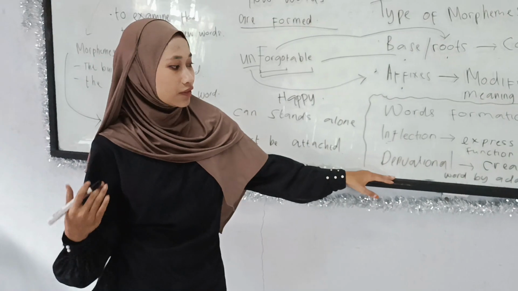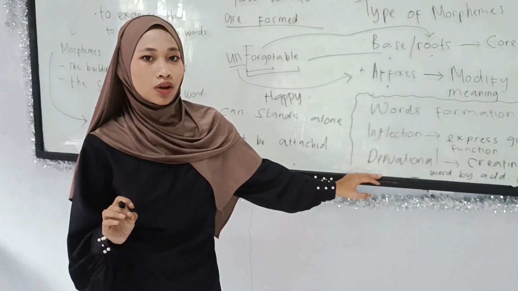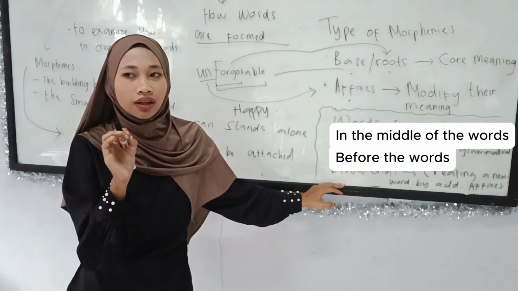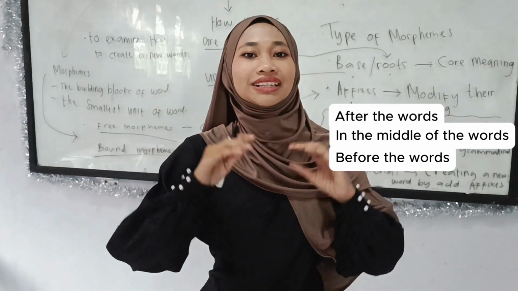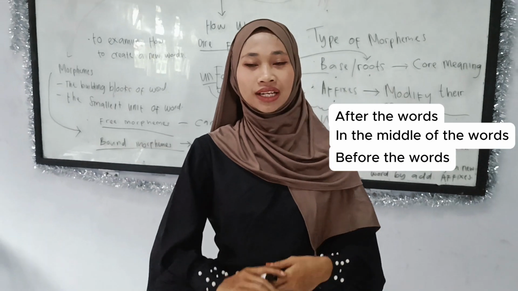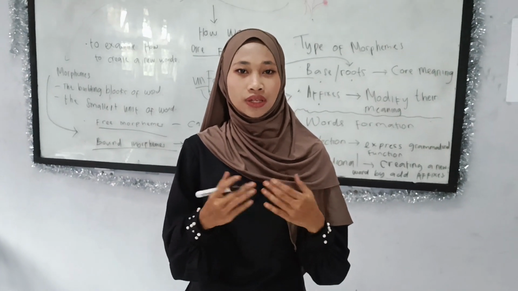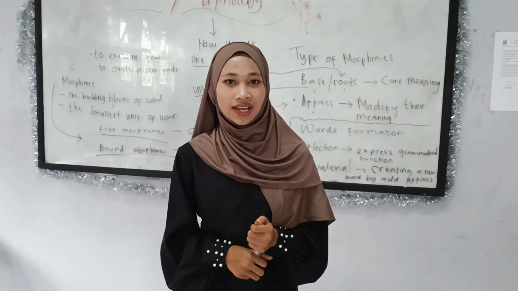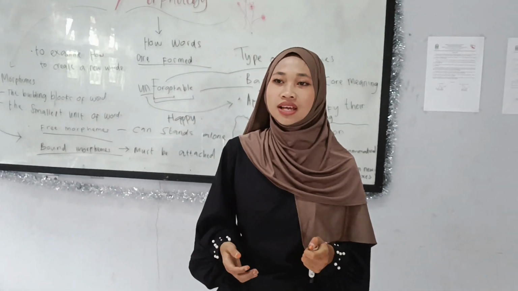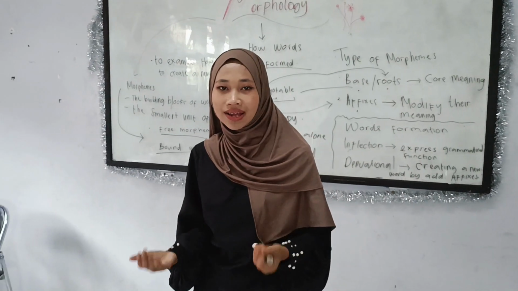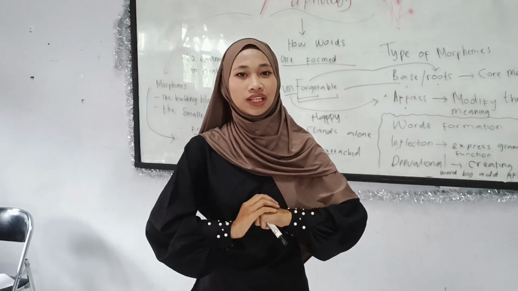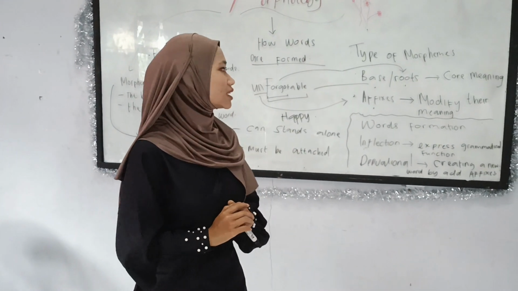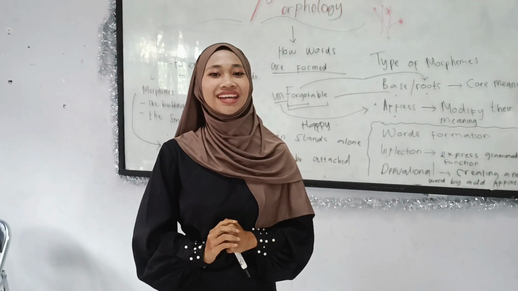That we call derivations, by adding an affix before the word, in the middle of the word, or after the word. So that's all the little reviewing about morphology, and we talk about new material, right? The word derivations, compound words, phrasal, and so on. There's much more about morphology actually, but yeah, this is the small explanation from me.